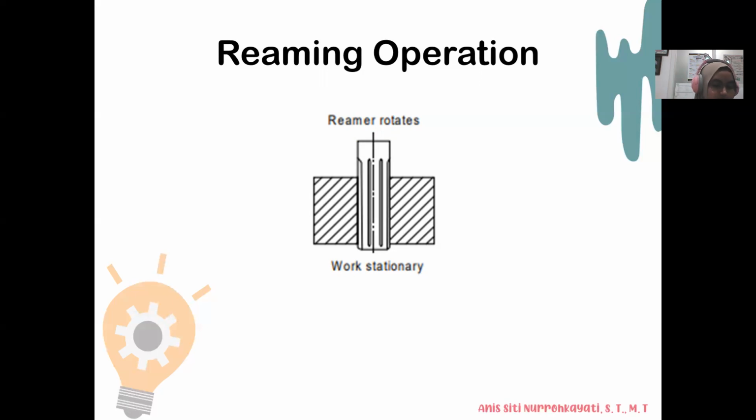Reaming is performed by means of a cutting tool called a reamer. Reaming operation serves to make the hole smooth.